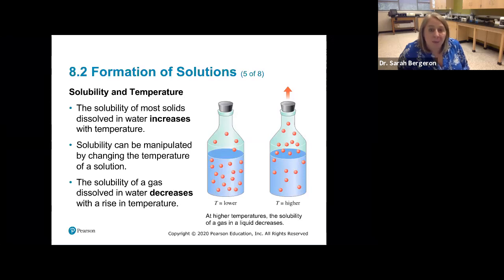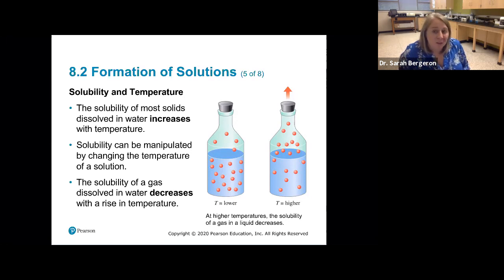This is why, if you know someone who makes their own iced tea, old school, from tea bags, they heat the water, put the tea bags in, and while the water is still hot, they put the sugar in so that more of it dissolves. Otherwise, if you put it in while the water's cold, it ends up kind of gritty, because not everything has gone into solution. So you can manipulate solubility just with temperature.